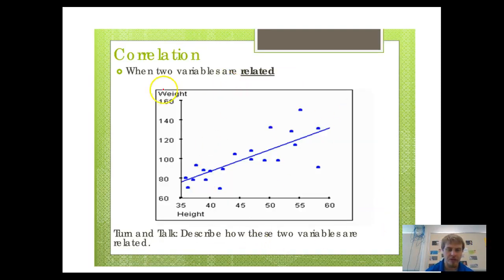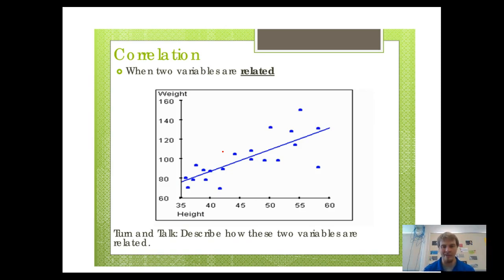Okay, so for these variables, weight and height, we're going to think about whether they're correlated. And you can see that generally as the heights go up, the weight also goes up, and that makes sense in reality. The bigger I am, the more my bones are going to weigh.